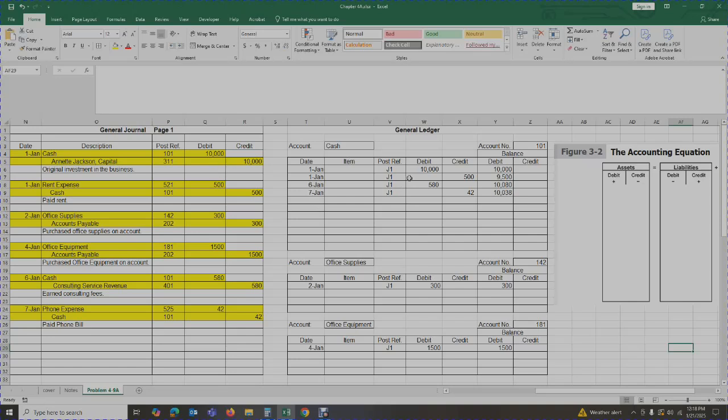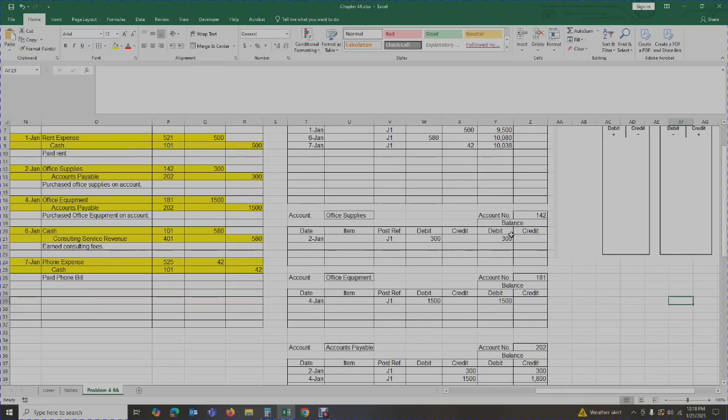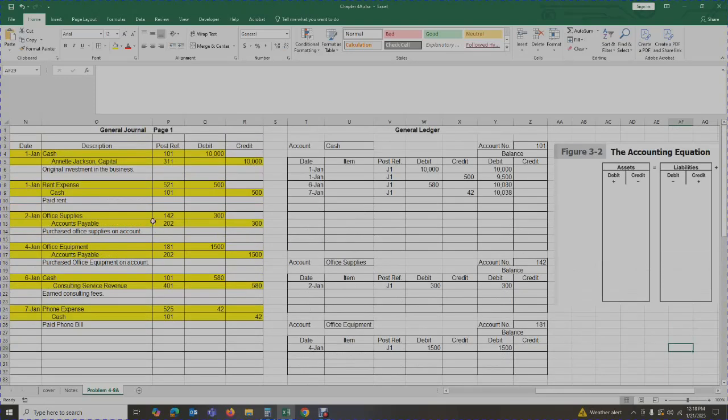Make sure that you transfer the original amount of the transaction to the first 2 columns. Then the last 2 columns are calculated based on the beginning balance and any transactions coming in. So this is how you complete your general ledgers. You post your journal, you transfer to your ledgers, and then once you've transferred to your ledgers, you go back to the journal, and on your post reference, you enter the account number that you posted it to for reference.